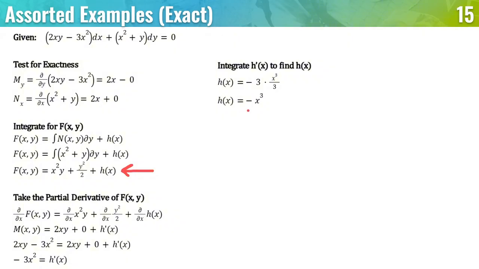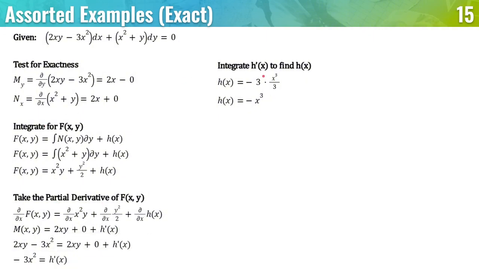So just remember, when you are doing your substitutions into your final answer, always look for the function F of xy, since that's what you started with. So don't make the mistake of substituting back into Mxy, since this is already the partial derivative. You need to take the integral.